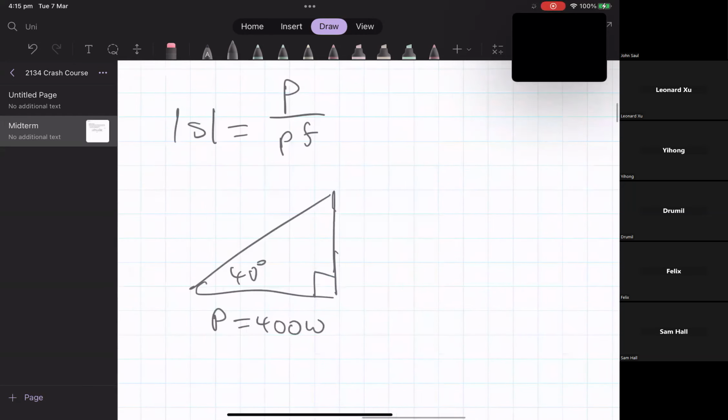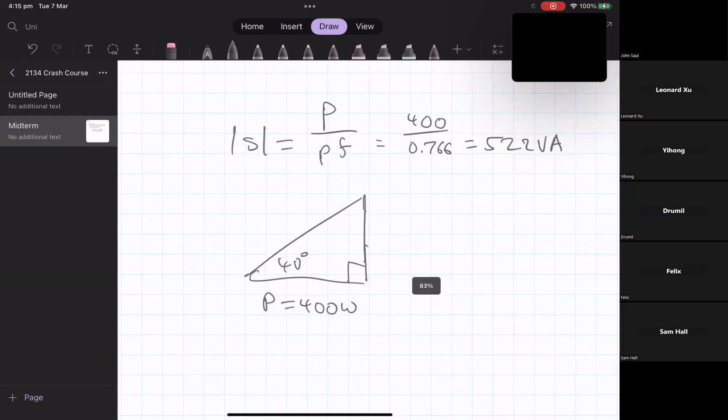And that gives us 400 over 0.766, which is 522 volt amperes. It's important to remember those units, it's not in watts.